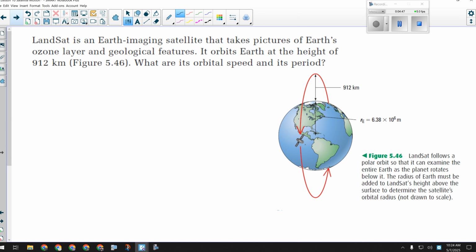We want to find the orbital period. Sorry, the thing I got this out of has this number wrong. The Earth's radius is 6.37 times 10 to the 6, not 6.38.